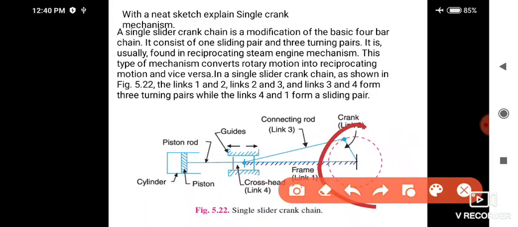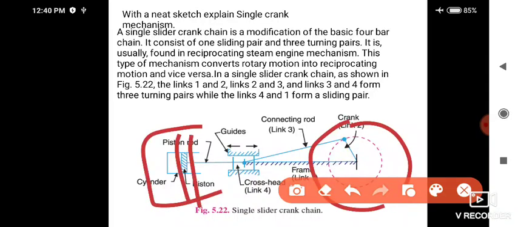The thing to understand first is what advantage we get from the different types of mechanisms. In this single slider crank chain mechanism we get rotary motion converted to reciprocating motion. So rotary takes place like this, and oscillatory like this.